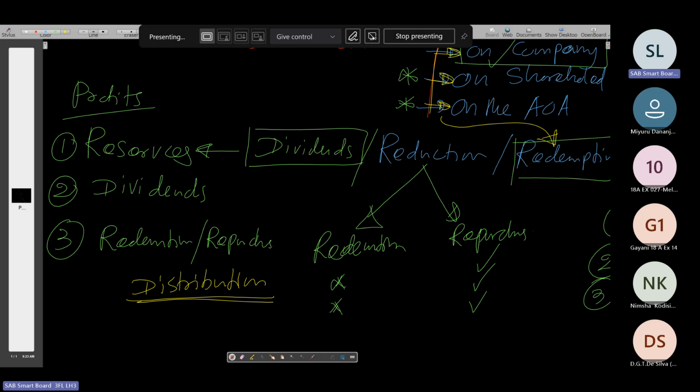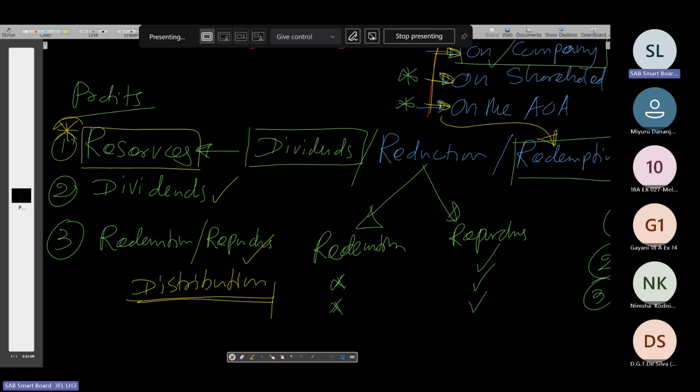So here we can identify two distributions. Making reserves is not a distribution, because the money stays within the company and does not go out. Therefore, it is not distribution. But these two are treated as distribution of profits.